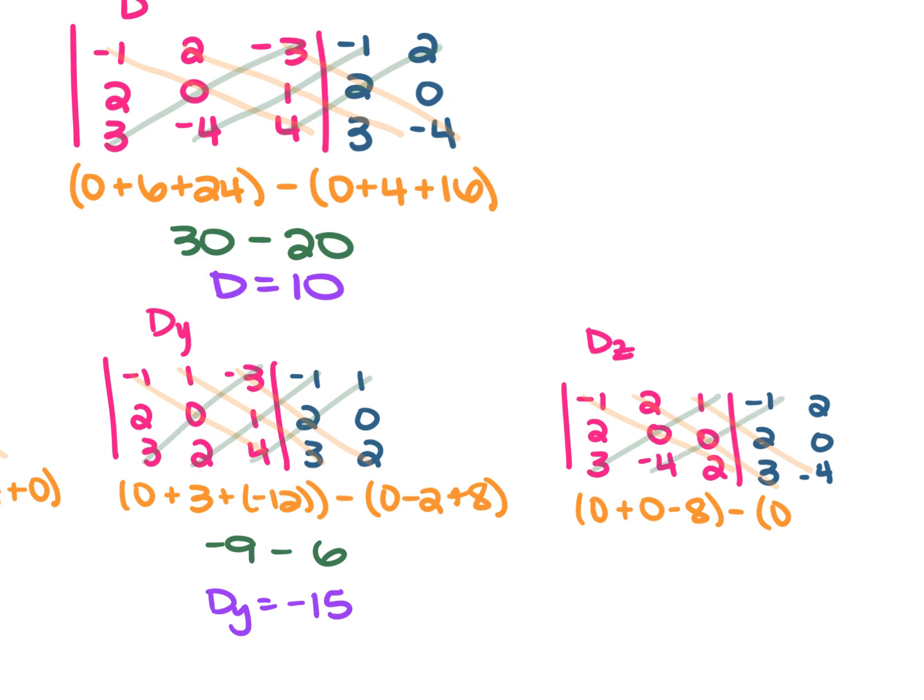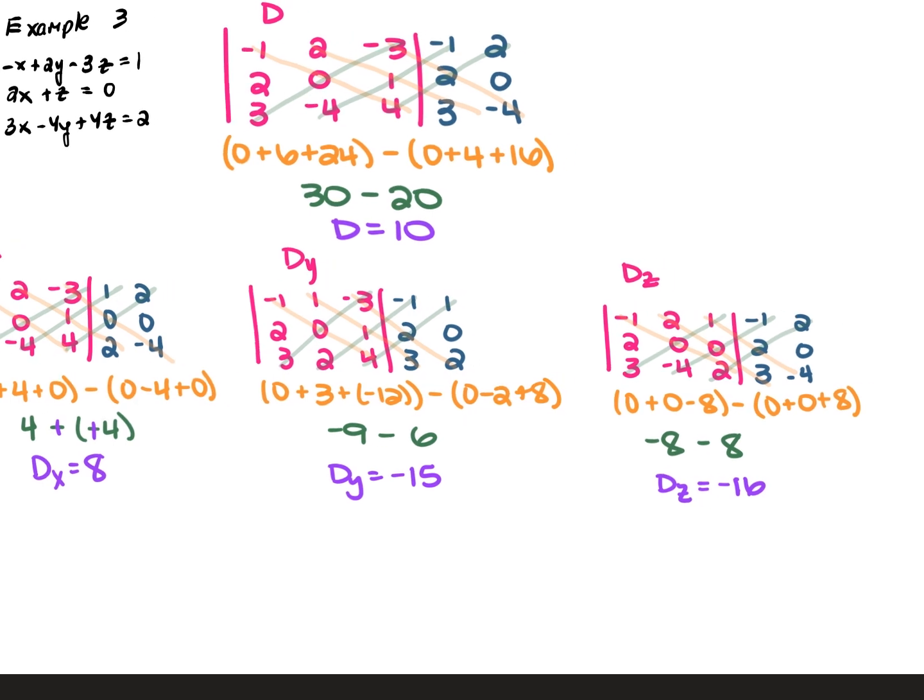Negative 4 times 0 times negative 1 is 0. And 2 times 2 times 2 is 8. So that's going to give us negative 8 minus 8, which is a D sub z of negative 16.